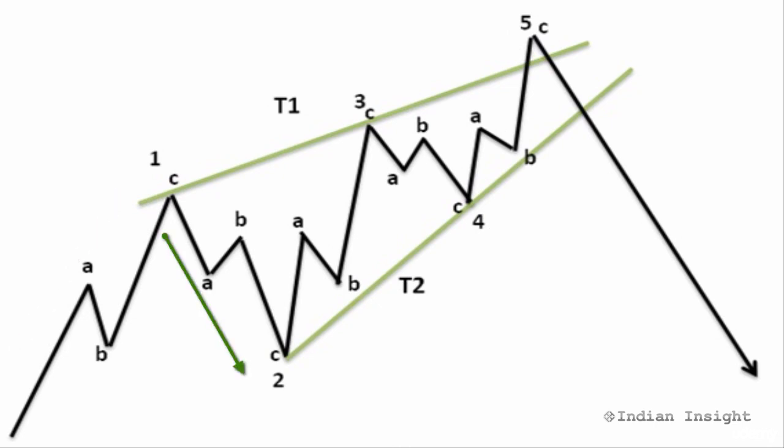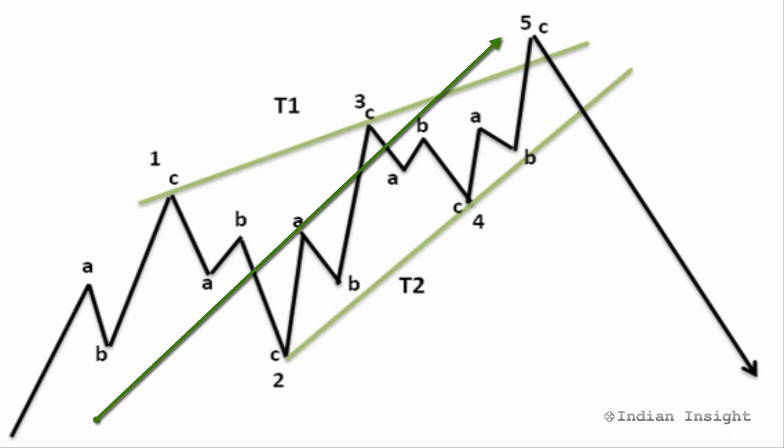Then this is the second leg which moves down overall. Then this is the third leg which again moves up overall. Then you have the fourth leg and the fifth leg. Overall, when you see all the 5 legs together, you see that the net price movement is up, hence it is called the rising wedge.